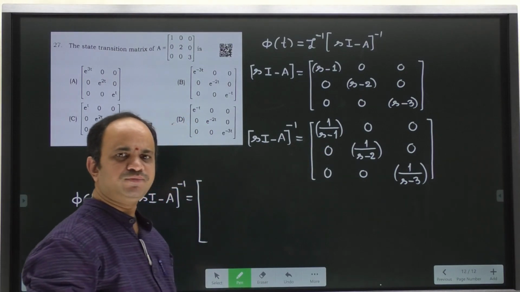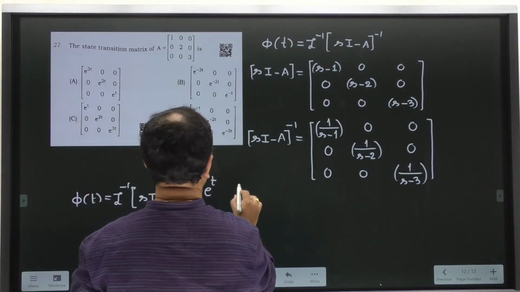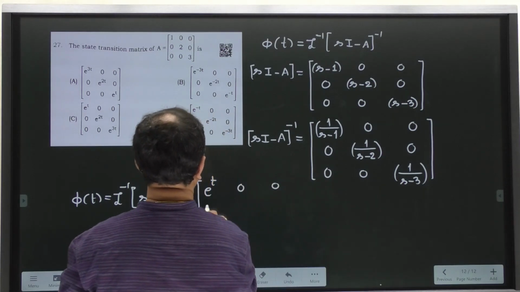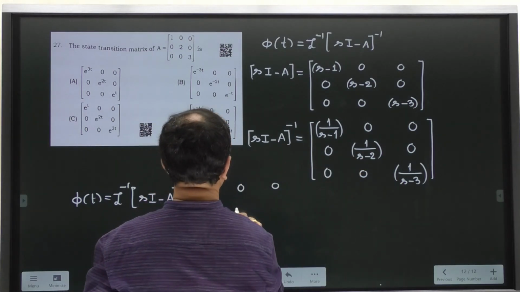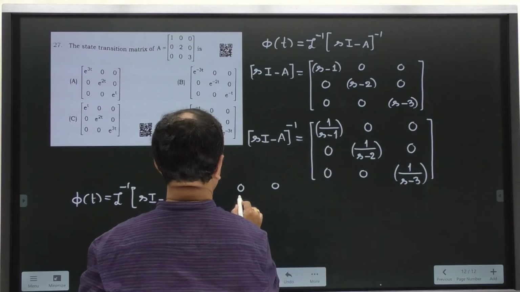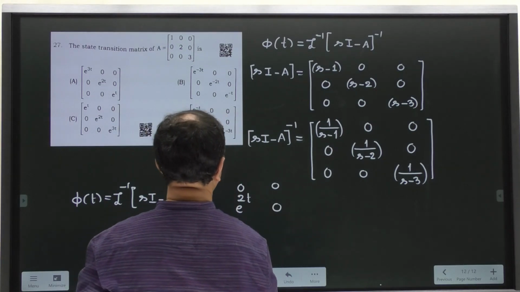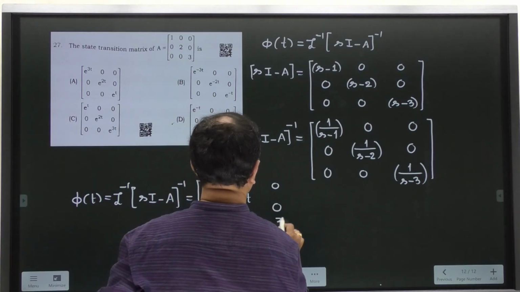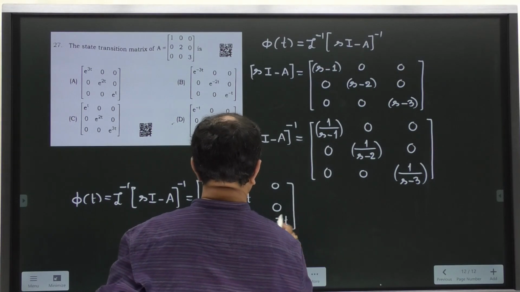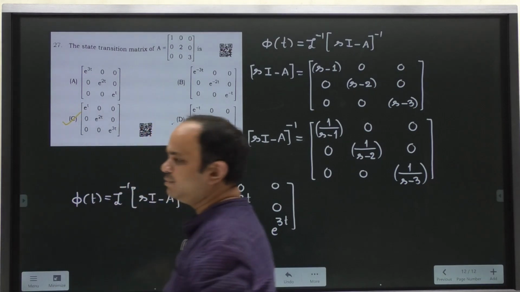Inverse Laplace transform of 1 by s minus 1 gives e power t, remaining elements 0 here, 0, inverse Laplace transform of 1 by s minus 2 is e power 2t, and this is 0, 0, 0, e power 3t. Therefore, for this question option C will be the correct one.